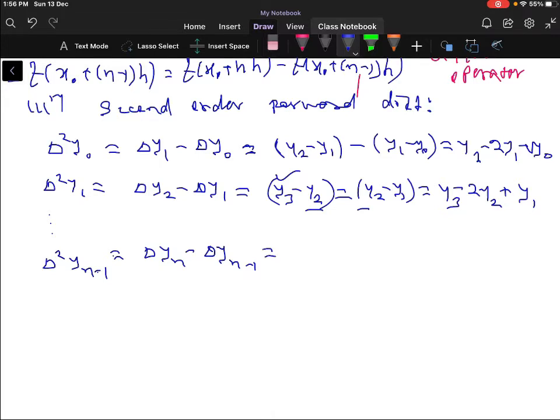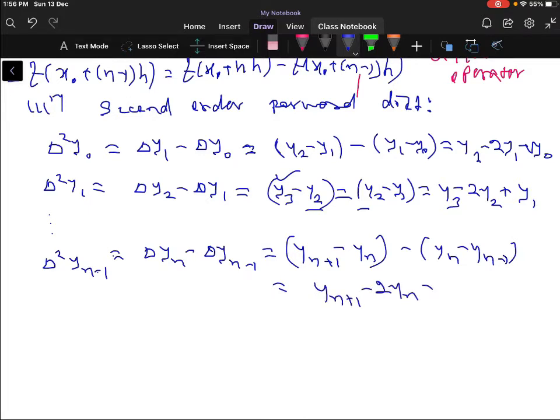Similarly, this can be written as yn plus 1 minus yn, minus of delta yn minus 1, which is yn minus yn minus 1. So this can be written as yn plus 1 minus 2 yn plus yn minus 1. So these are the second forward differences.